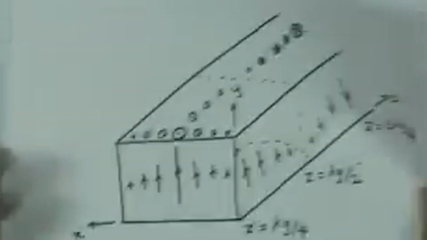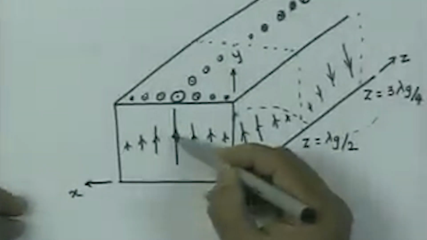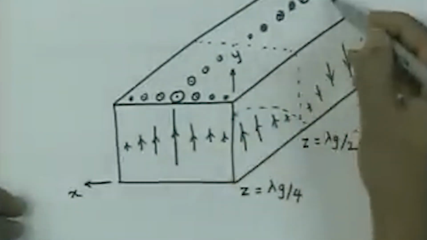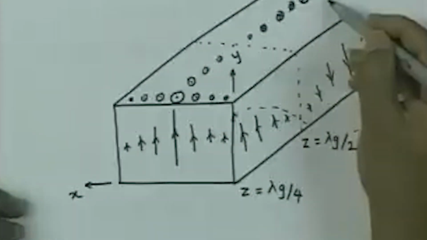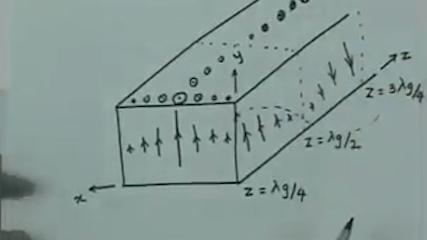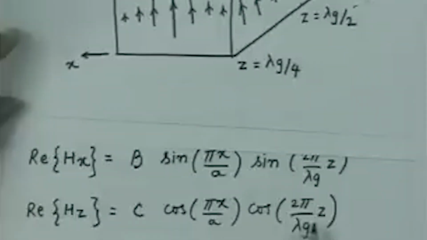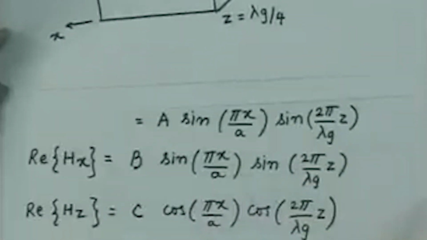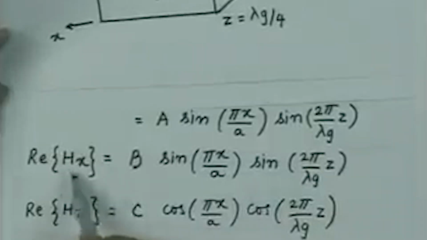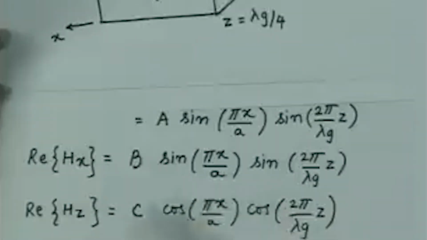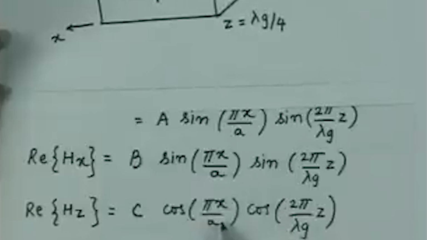So, the x component will be maximum here, 0 here, maximum here with the opposite direction, and so on. But the z component of the magnetic field is shifted in quadrature with respect to the x component. Wherever Hx goes to 0, Hz is maximum and vice versa.